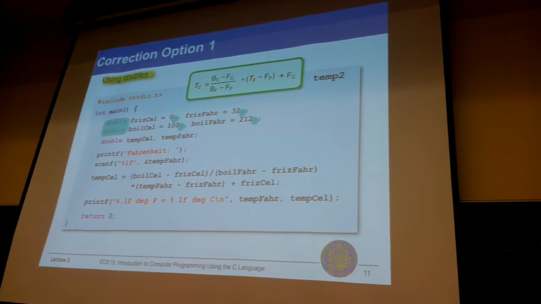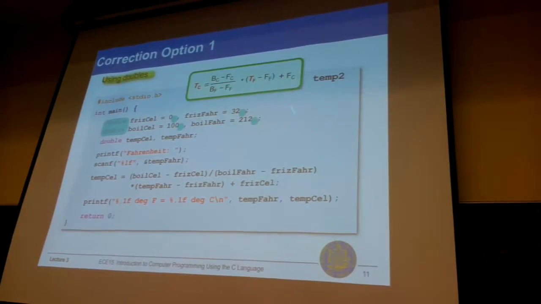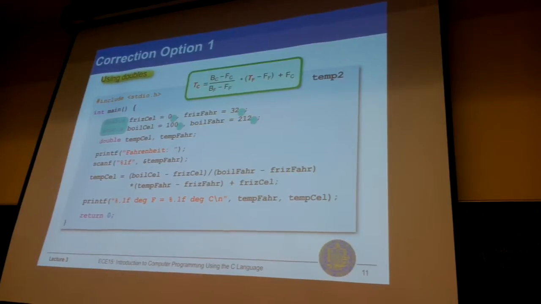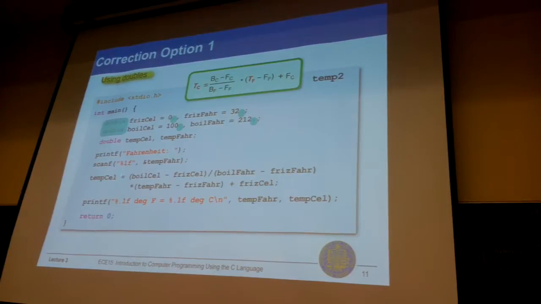So there's a reason why we might not want to use this solution, or why this solution might not be applicable. So it's fine in this small piece of code, but if you're writing a much larger program, let's say with a lot more constants that you're defining, or a lot more inputs to the program, you might not want to use the double type, because remember it uses twice as much memory.